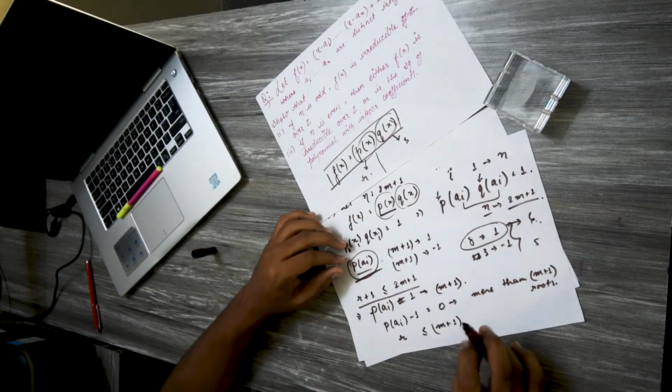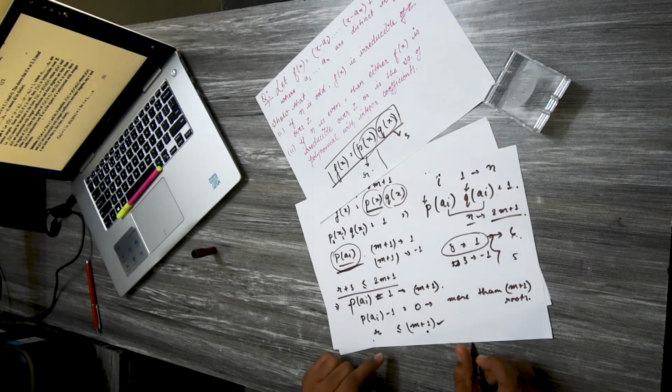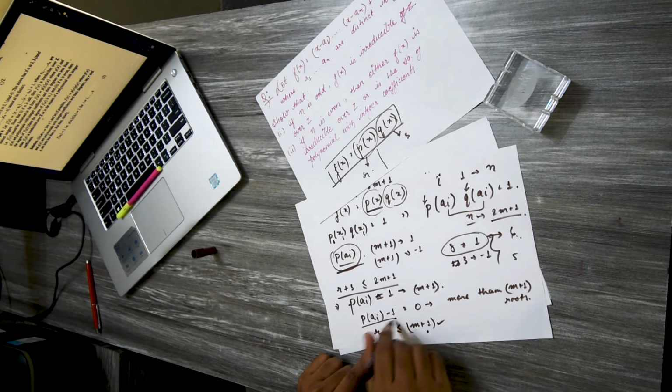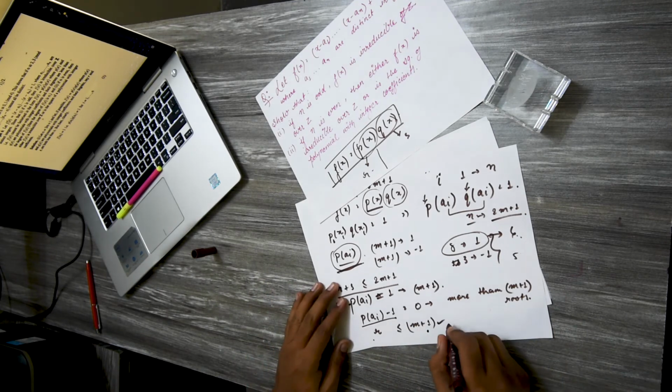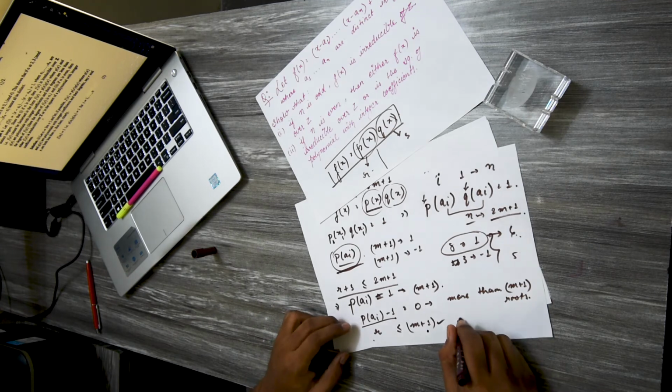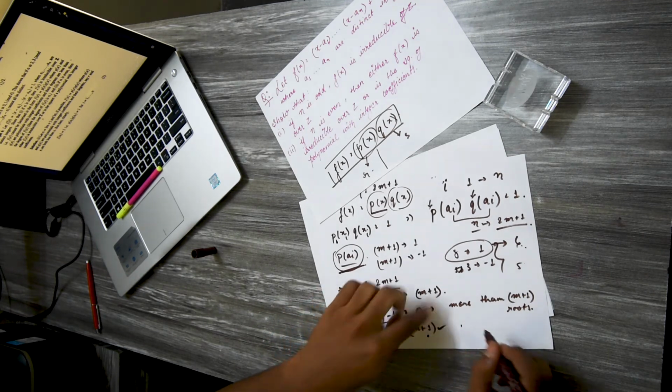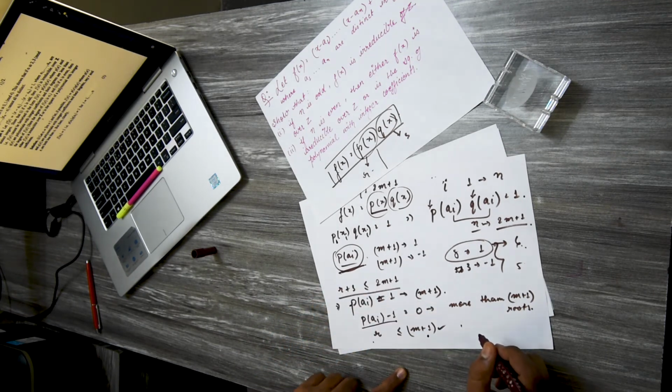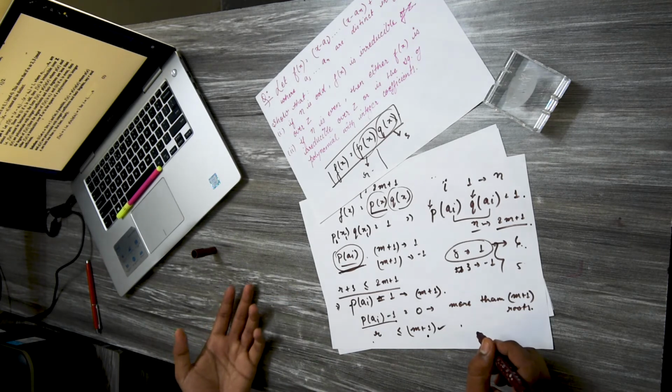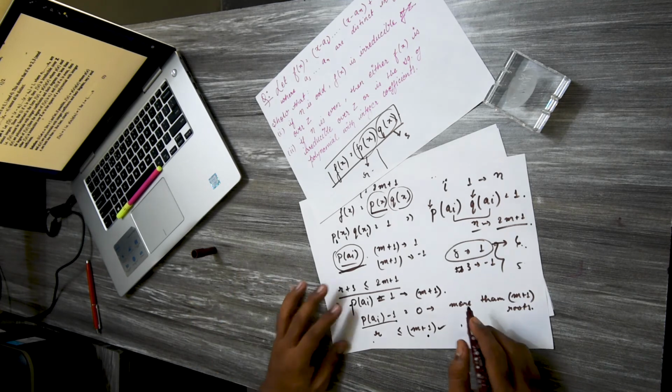So r needs to be at most m plus 1, but p(a_i) minus 1 should have more than m plus 1 roots. Hence this is contradictory, because if p(x) minus 1 has more than m plus 1 roots but the degree of the polynomial is less than m plus 1, then it must be a constant polynomial.